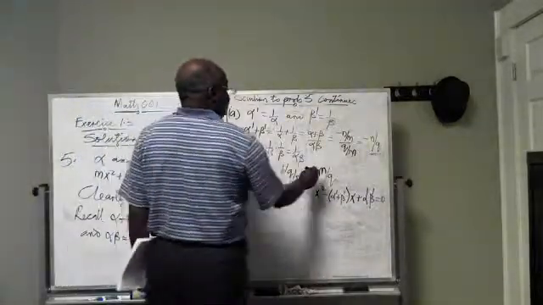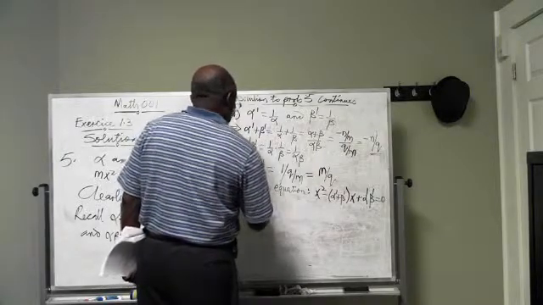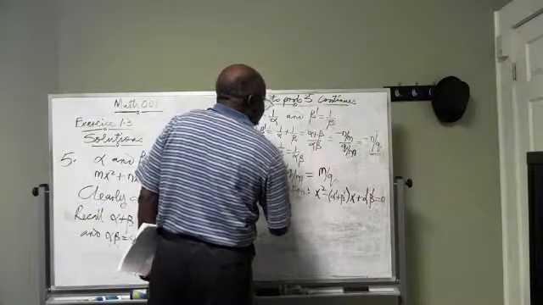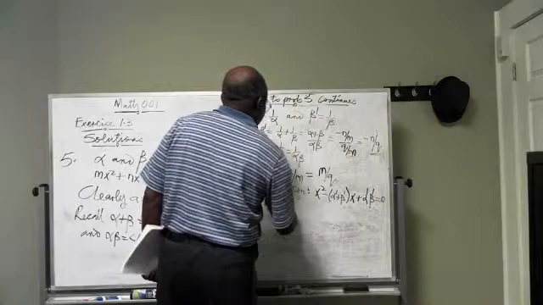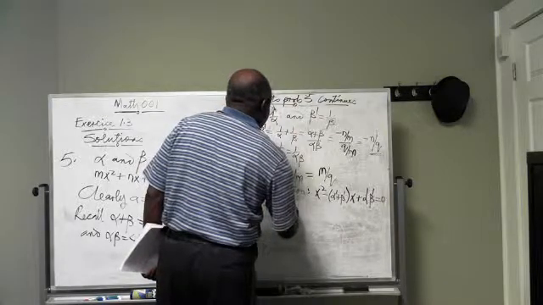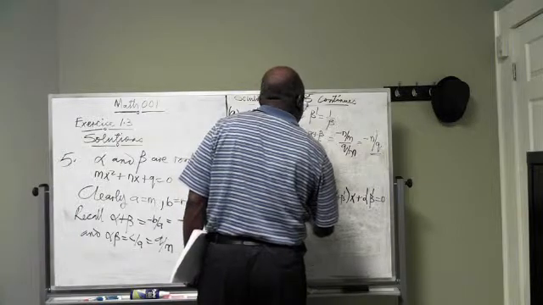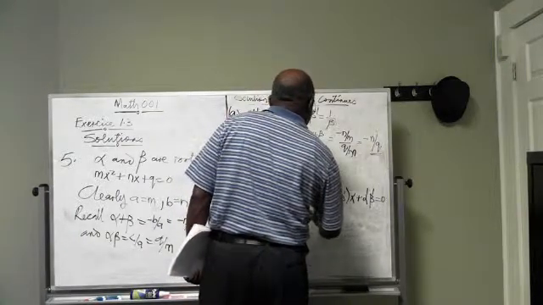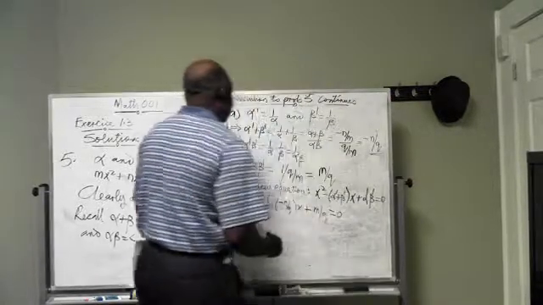So if we substitute these figures into this will give us x squared minus minus n over q x plus m over q equals 0.